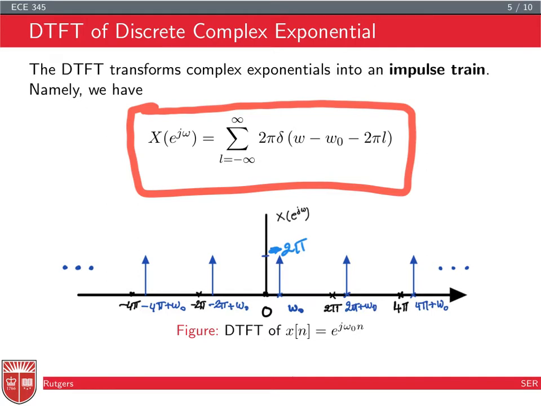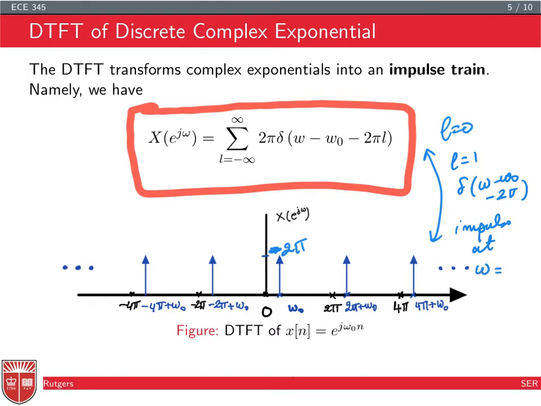Now, if you just wanted to understand how this formula gives you this graph, for L equal to 0, you get ω minus ω0, so you have an impulse at ω0. For L equal to 1, you get an impulse at ω minus ω0 minus 2π, which means the impulse is at ω equal to 2π plus ω0.